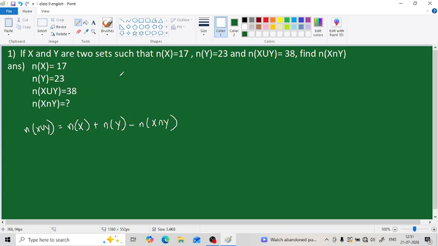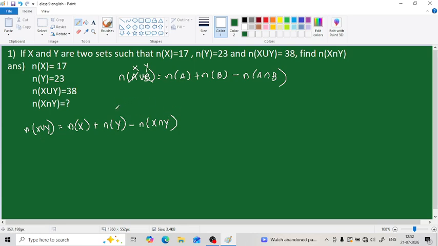Otherwise n of A union B equals n of A plus n of B minus n of A intersection B. This is our equation, but here it is given in terms of x and y, so we replaced A with x and B with y.